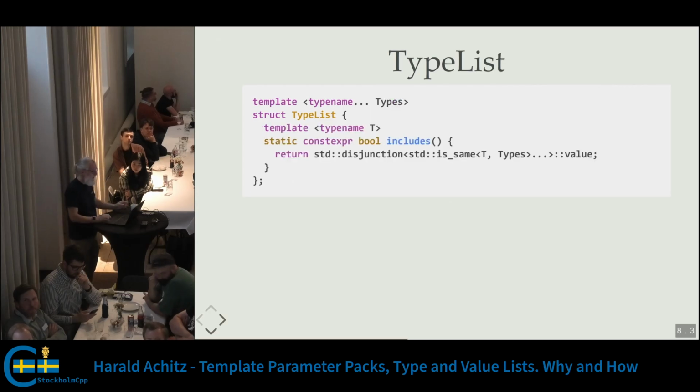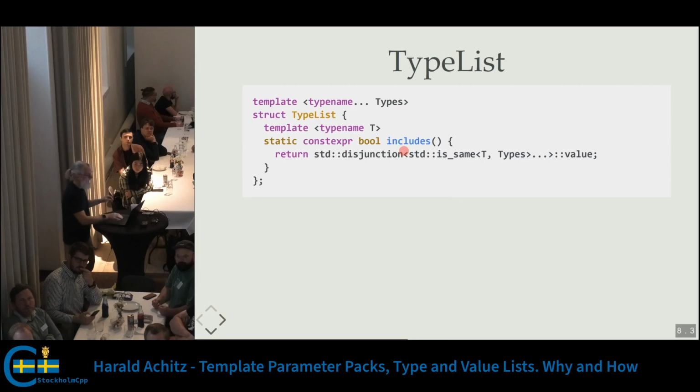So let me make here an implementation. I have a type list that takes a list of types, and all it does, we have an include function that checks that the type I give for the include is part of the types I want here. And this is the disjunction, which does basically the expansion over the OR operator.